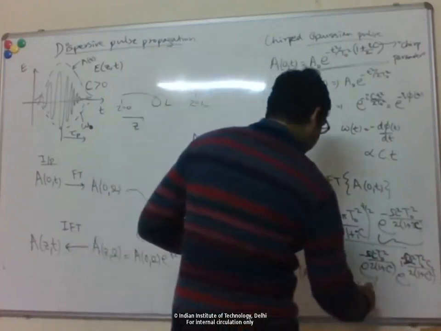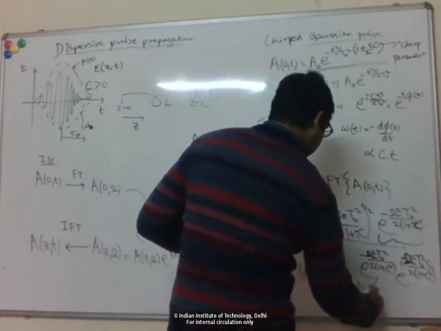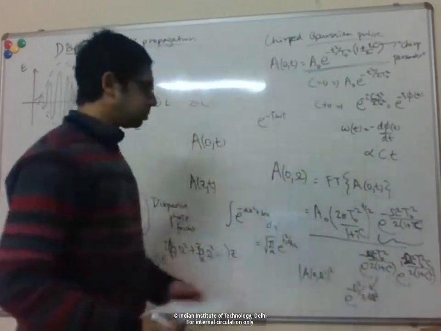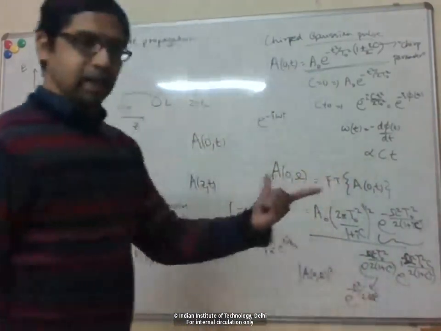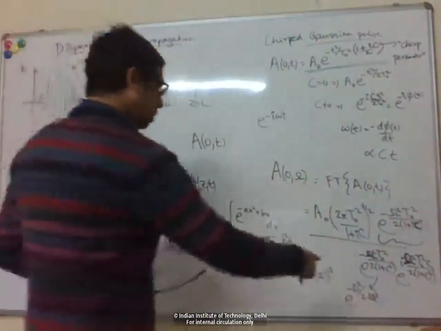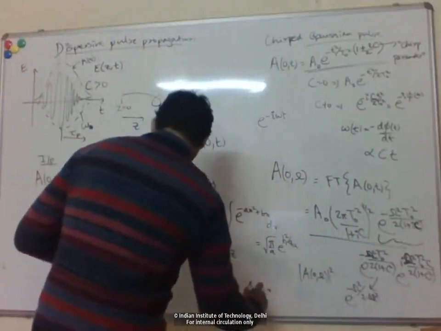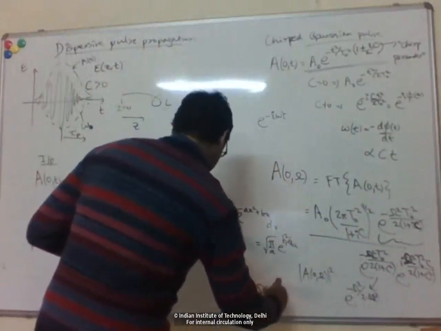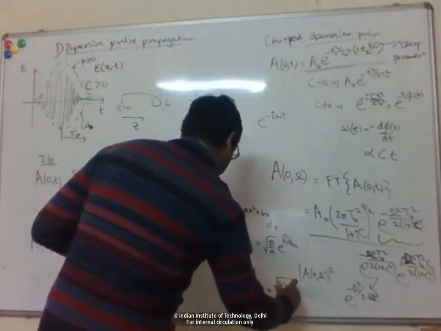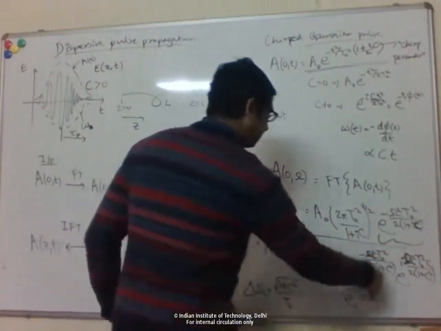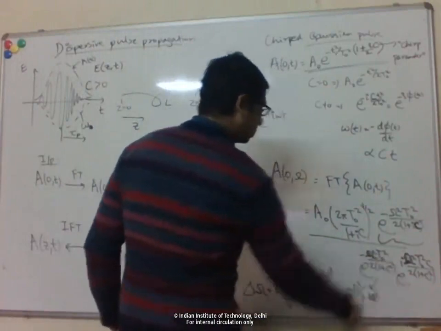If I write this as e to the minus omega square by 2 delta omega square, where delta omega is the spectral width, then you can see from here delta omega is basically square root of 1 plus c square by t naught, just comparing these two.